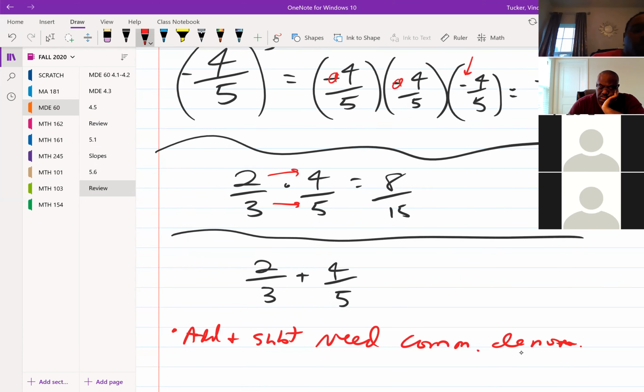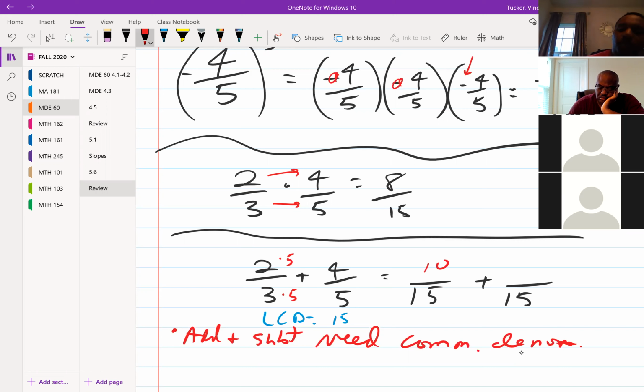All right, so we say that our LCD is 15. That means I want both of my denominators to be 15. Now you have to ask yourself, what times 3 would turn into 15? That'll be 5. Whatever you do to the bottom, you have to do to the top.